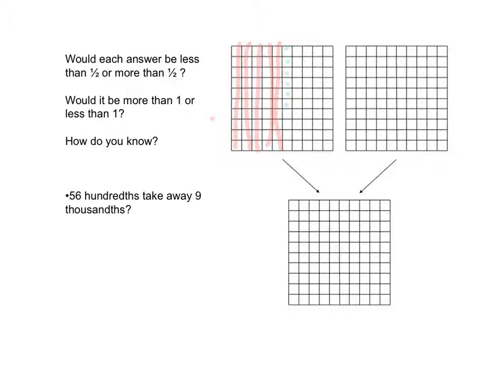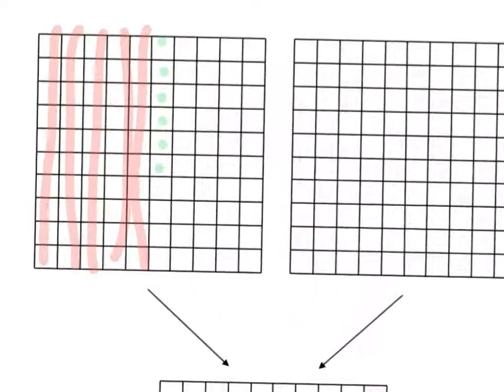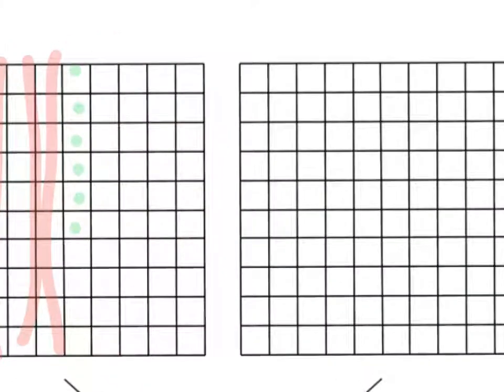So when you start to think about how that's modeled, remember we take that square and we split it into tenths, and then using our blue, we're going to color in 9 out of those 10.